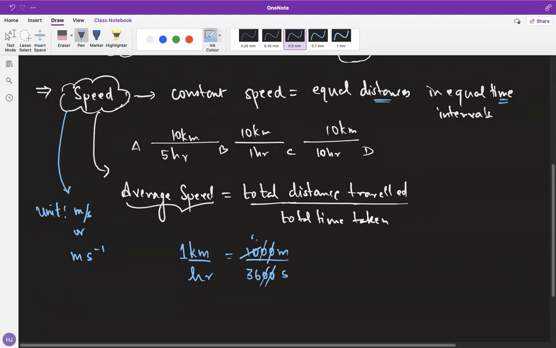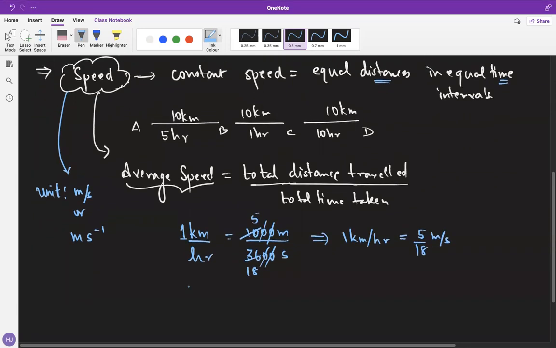The 0s cancel, 2 fives are ten, 2 eighteens are thirty-six. So 1 kilometer per hour is equal to 5 by 18 meters per second. Just know this conversion. Likewise, to convert meters per second to kilometers per hour, just take the reciprocal: it becomes 18 by 5 kilometers per hour.